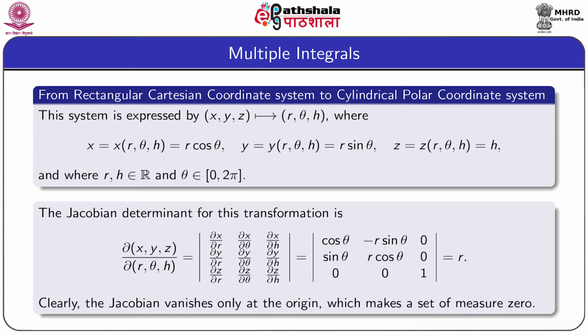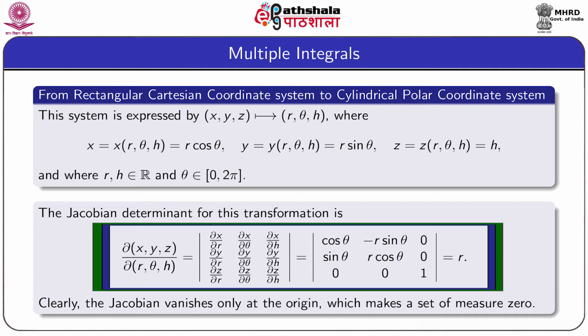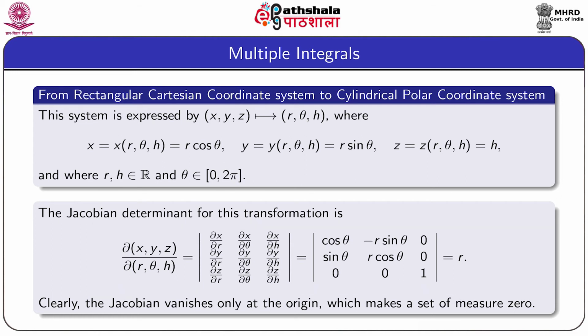We find that the Jacobian determinant for this transformation is ∂(x,y,z)/∂(r,θ,h), and after some calculation we can find that this is nothing but r. Clearly, this Jacobian vanishes only at the origin, which makes a set of measure 0.